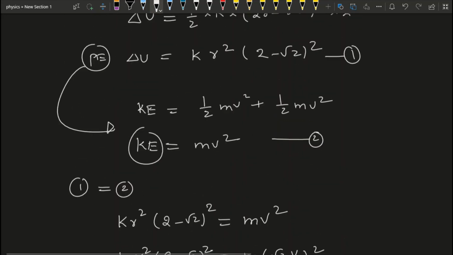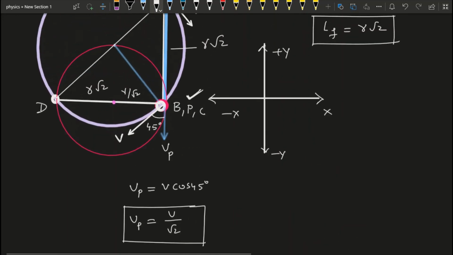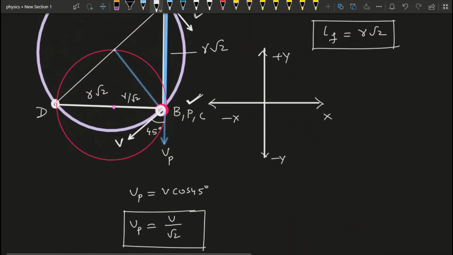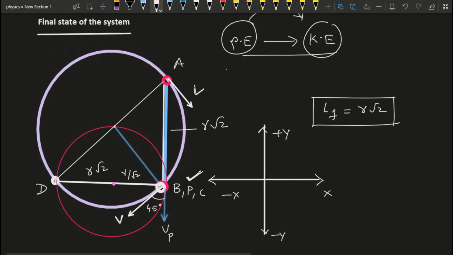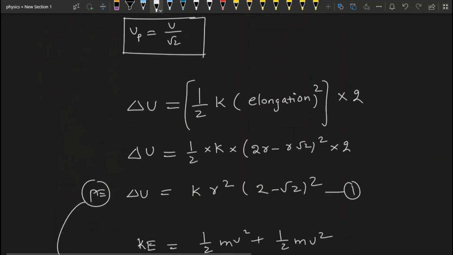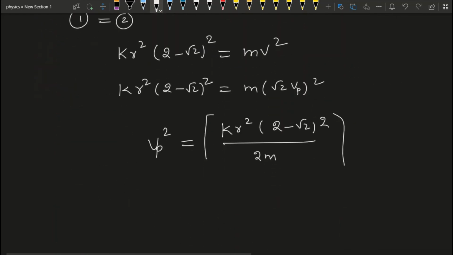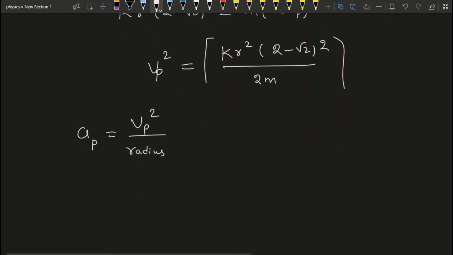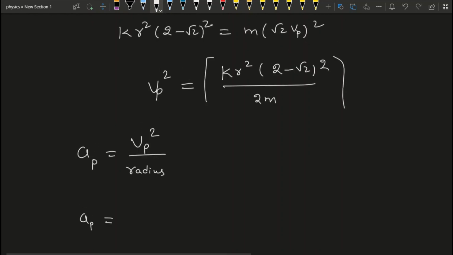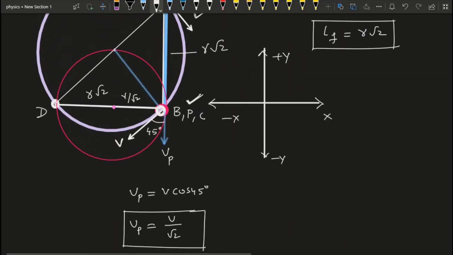But they are asking for the acceleration of the point of intersection of the chords. I already told you, the acceleration of the point of intersection is Vp square divided by radius. The radius, I already told you, is that point P is moving on a circle of radius r by root 2.